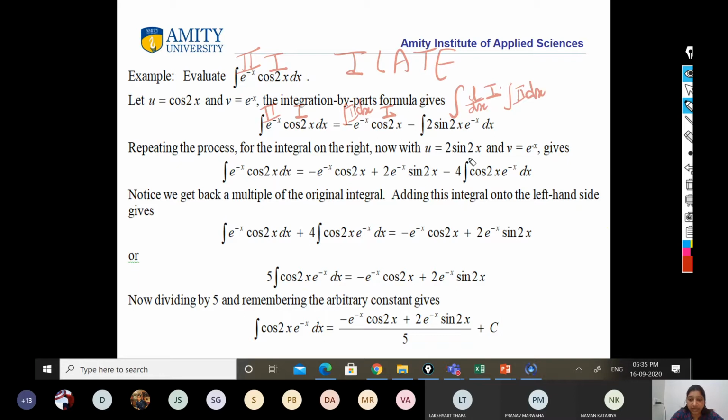Collecting the similar terms, we get integral of e to the power minus x cos 2x dx plus 4 integral of cos 2x e to the power minus x dx equals this value on the RHS. Now simplifying it, you will get the answer. So if we have a repetitive integral, this is one of the approaches we can follow.